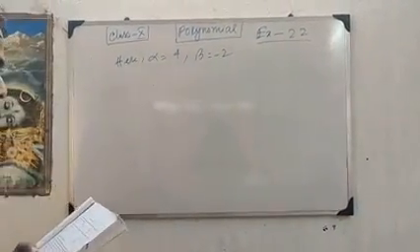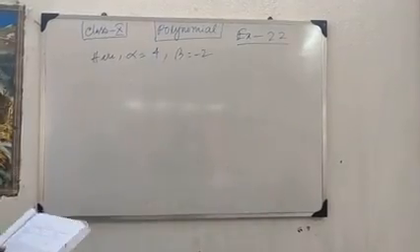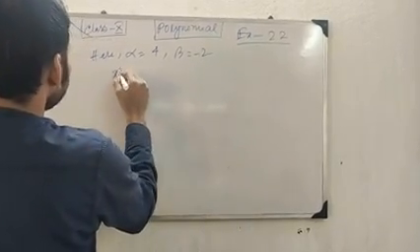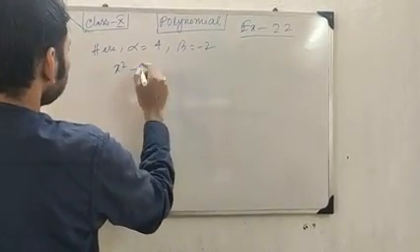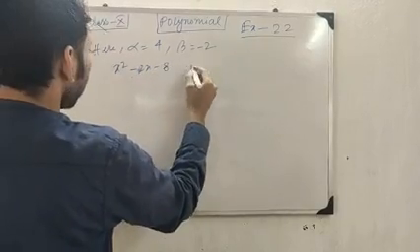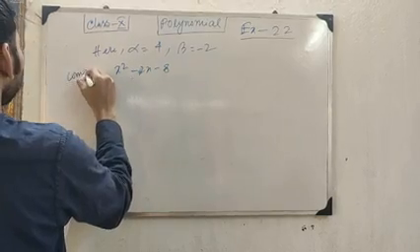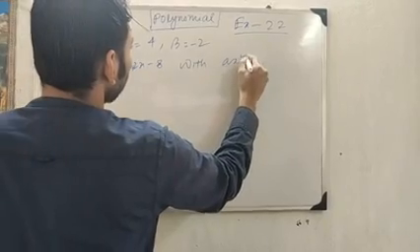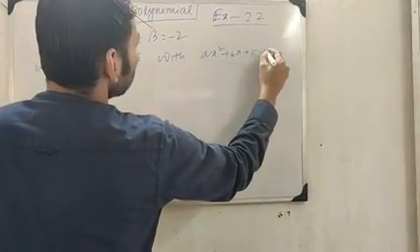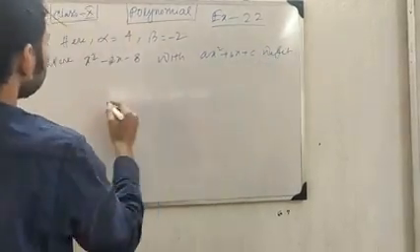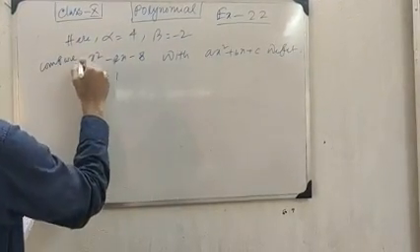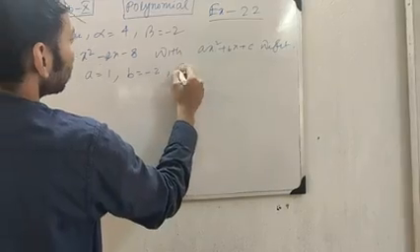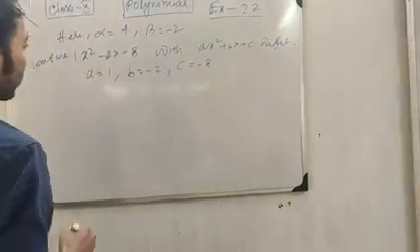Now we have to verify the relationship between the zeros and the coefficients. Here the zeros are 4 and minus 2. Now comparing the polynomial with the standard form, that means ax square plus bx plus c, we get a equal to 1, the coefficient of x square, b equal to minus 2, c equals to minus 8.